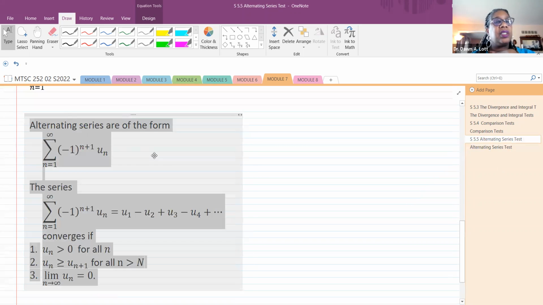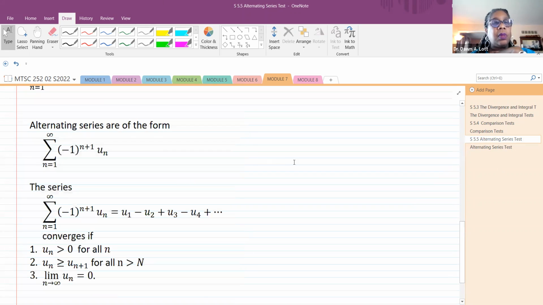So alternating series are of the form summation -1 to the n, -1 to the n plus 1, or -1 to the n minus 1, but everything that's left is called un.